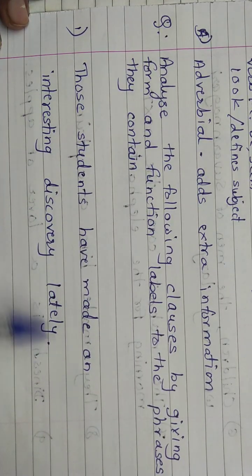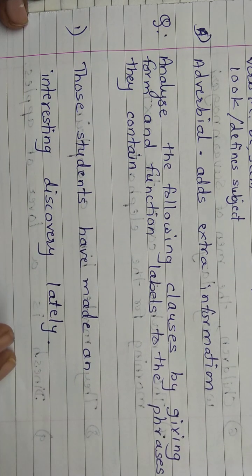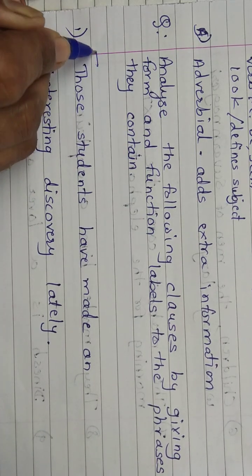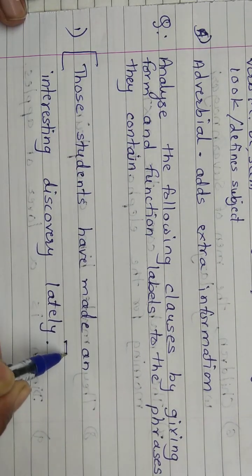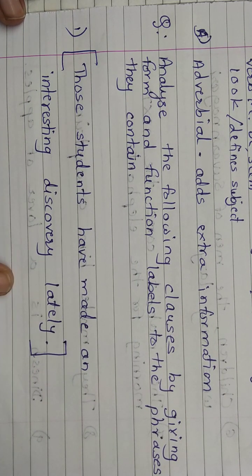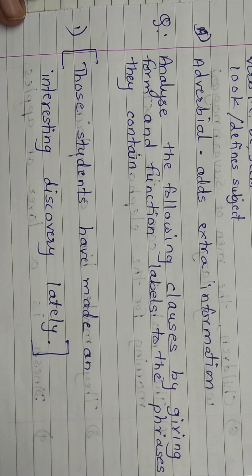Those students have made an interesting discovery lately. So this is a clause given to you. Since it is a clause, we have to put it in a square bracket. We use square brackets for clauses and round brackets for phrases.